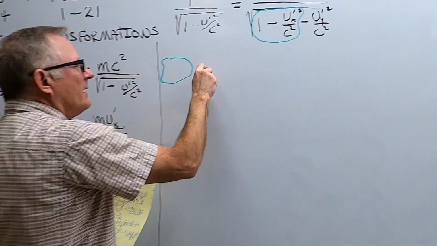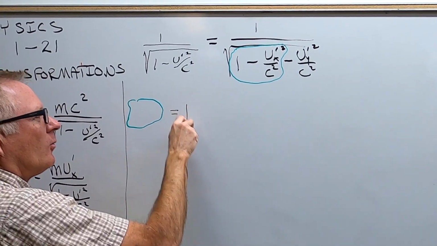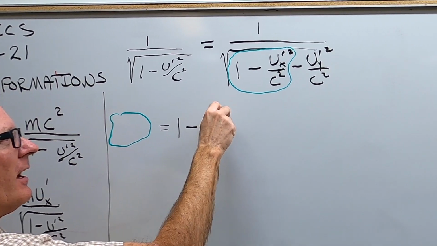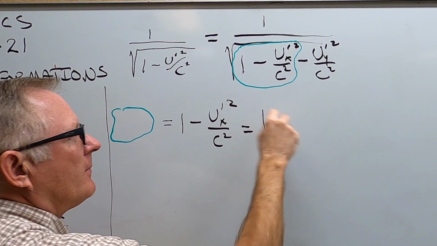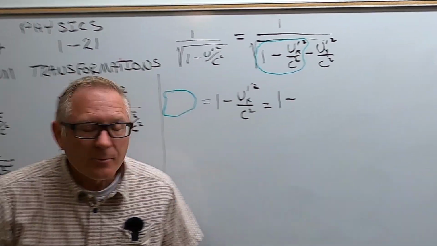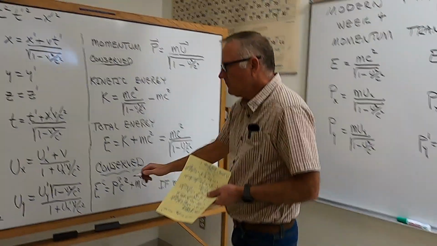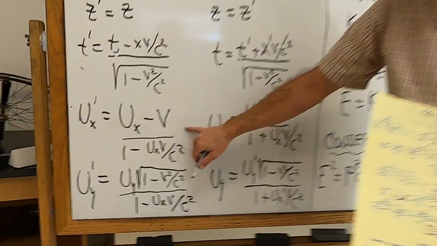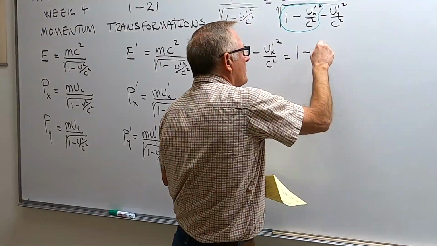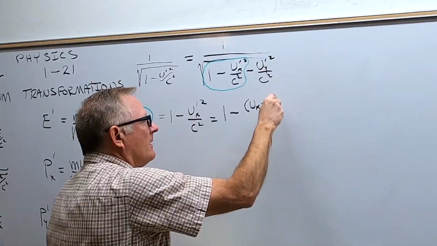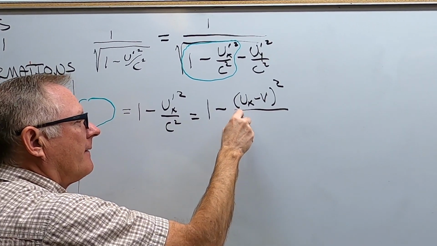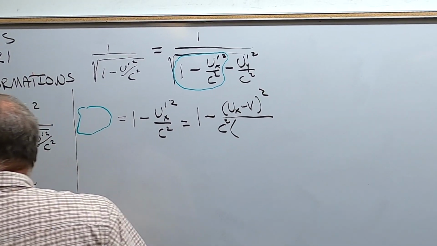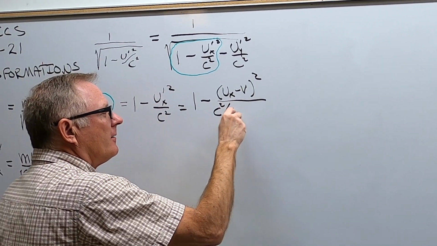So this is equal to 1 minus ux prime squared all over c squared, which is 1 minus, now ux prime is right here, so we're going to square that. ux minus v squared all over, I still have the c squared there, and then we have the 1 minus uxv over c squared.